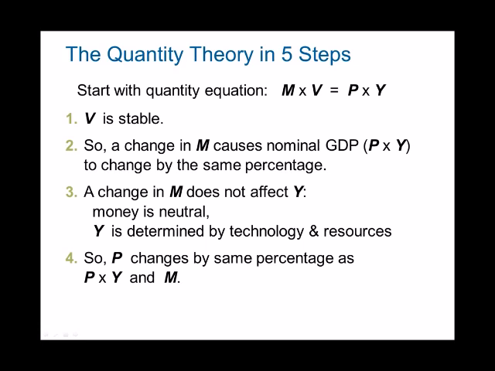So if Y is not affected, then any change in money supply will just increase P. Classical economists believe this doesn't change, so any increase in M will only increase P by the same amount.